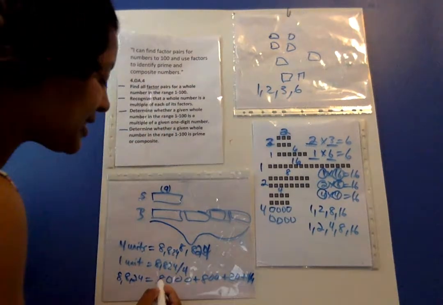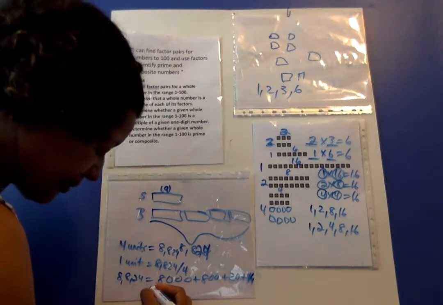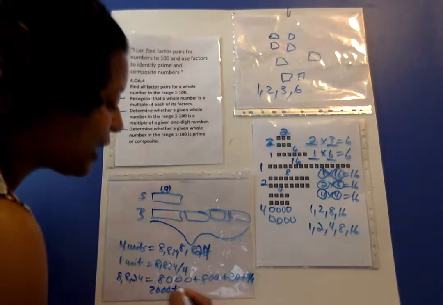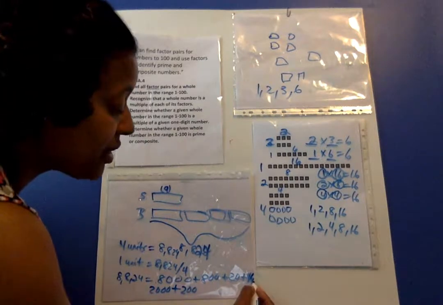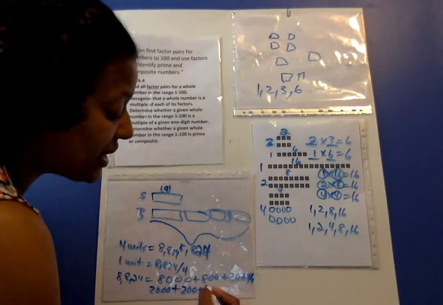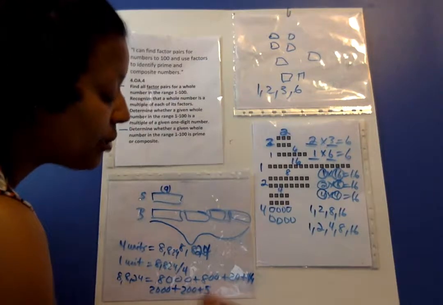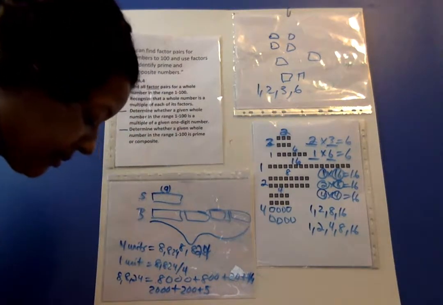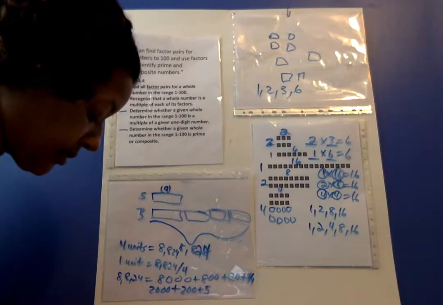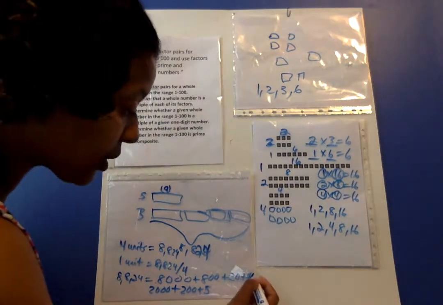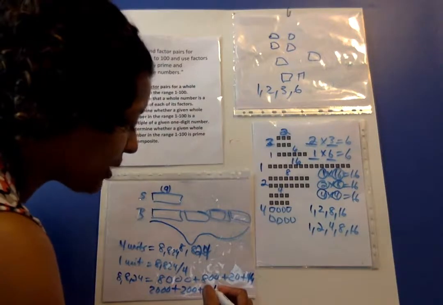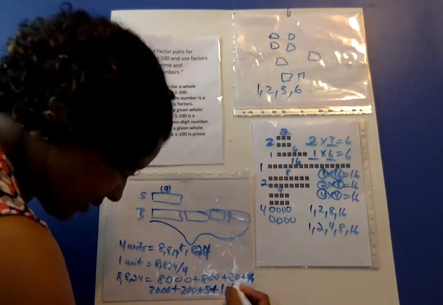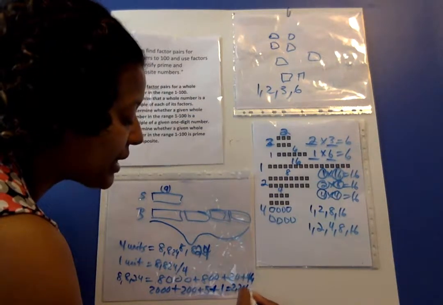So 4 goes into 8,000 2,000 times. 4 goes into 800 200 times. 4 goes into 20. Now this will be easy for the students. It will be 5. And 4 goes into 4 one time. So the final would be 2,206.